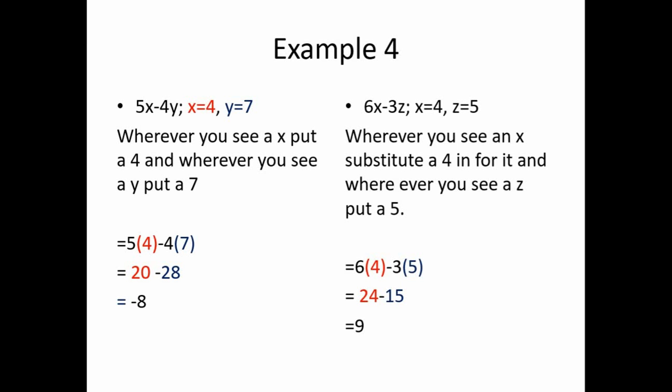And so we have 6 times 4 minus 3 times 5. 6 times 4 is 24. 3 times 5 is 15. So we're subtracting 15 from 24, and we get the answer of 9.